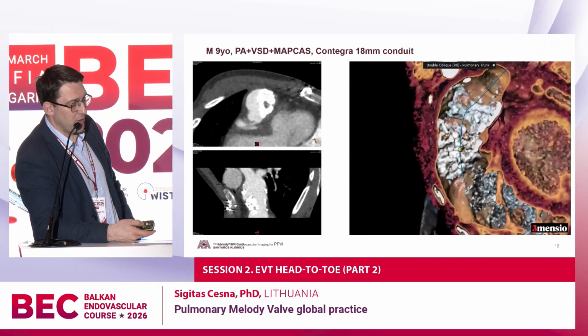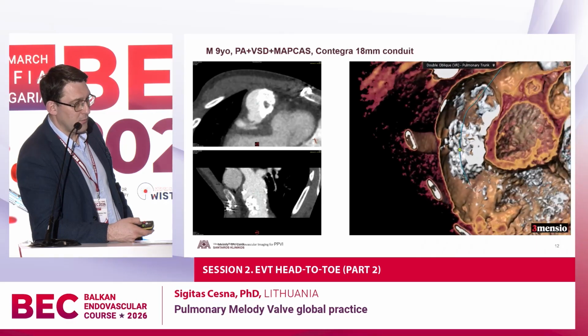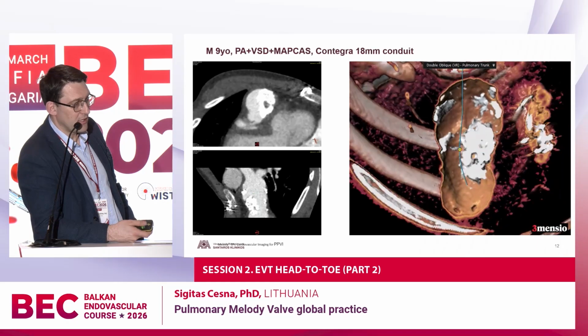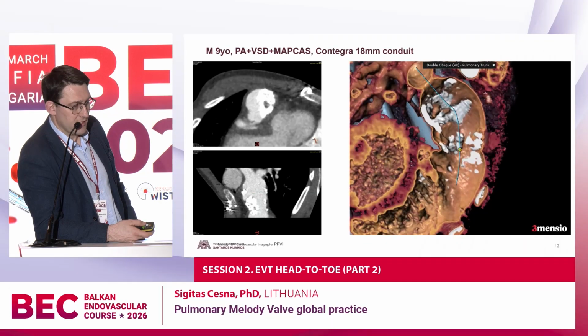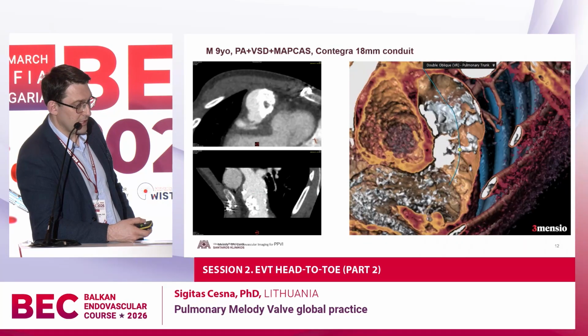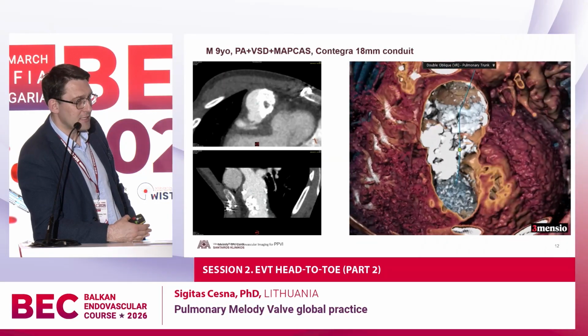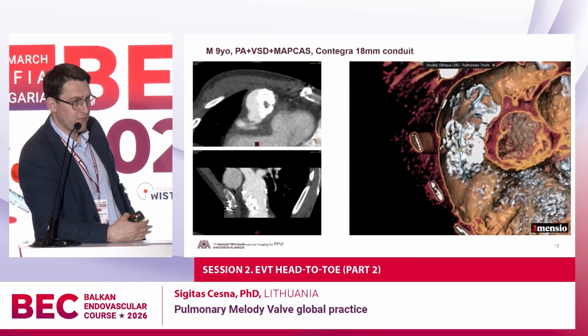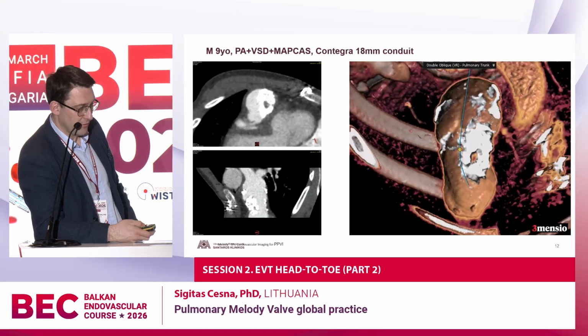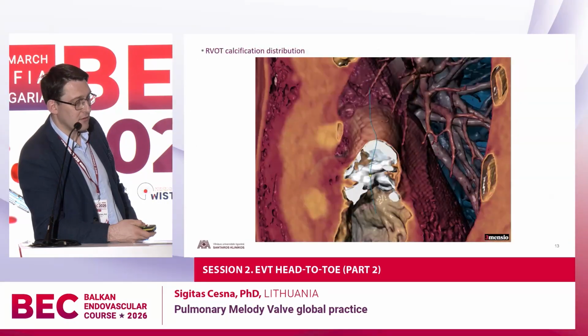Same like here, we have a 9-year-old male with a previous surgery and an 18 millimeter conduit insertion with this chunk of calcium. And again, we are dealing with young patients, and we are making the plan for them for the first procedure, but also we have to make a plan for later on.